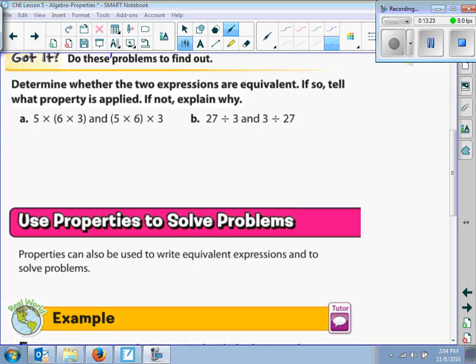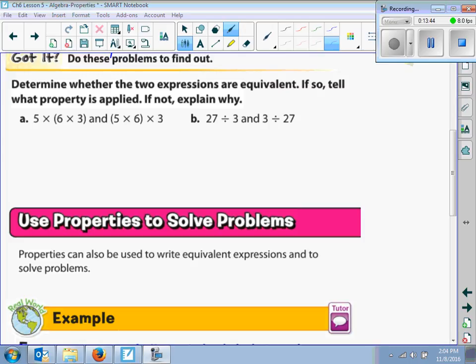Because we're moving the parentheses from the second group to the first group, that is the associative property of multiplication.